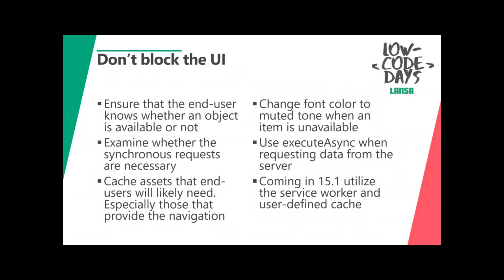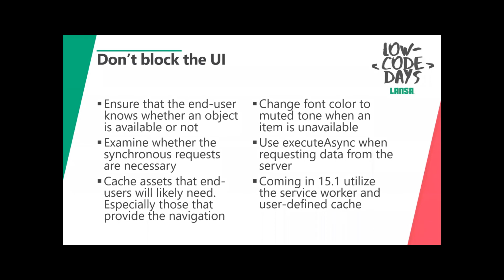Another key thing that we want to keep in mind is that we don't want to block the UI. So when blocking the UI, basically we're in a situation in which our end user may have clicked on or touched one object and is attempting to retrieve data. And so now the entire user interface is unmovable, it's unclickable, like you can't do anything.